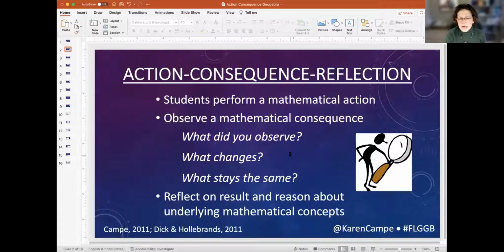I've had the experience, and I'm sure many of you have as well, where students remember that we did something on the technology, on our calculators, or on GeoGebra, or on the smartboard, but they don't remember the math that we were trying to teach. So engaging students in the action consequence reflection cycle, where we give them targeted questions to reflect and understand the mathematical concepts, is going to make their learning more durable and deeper.